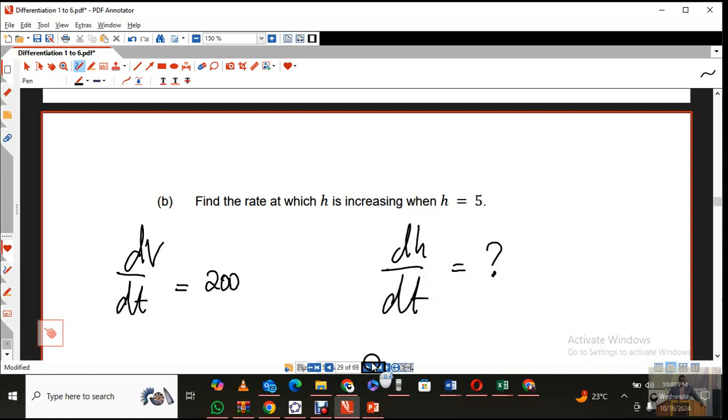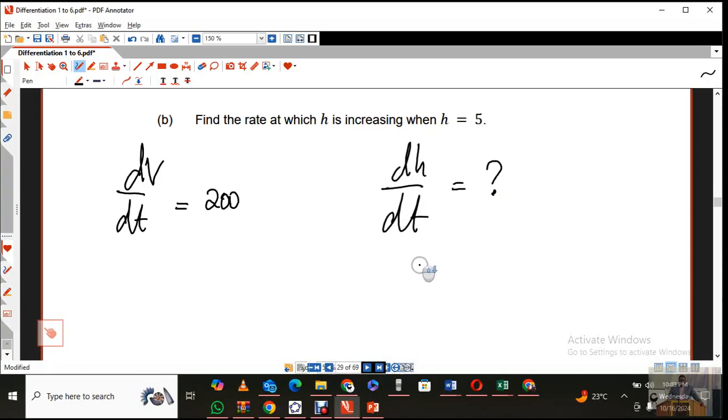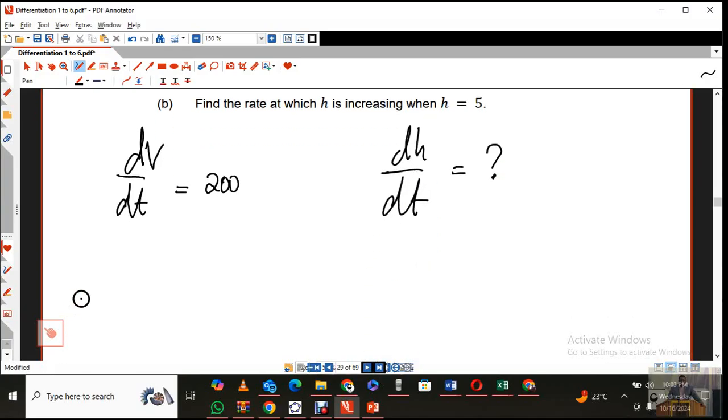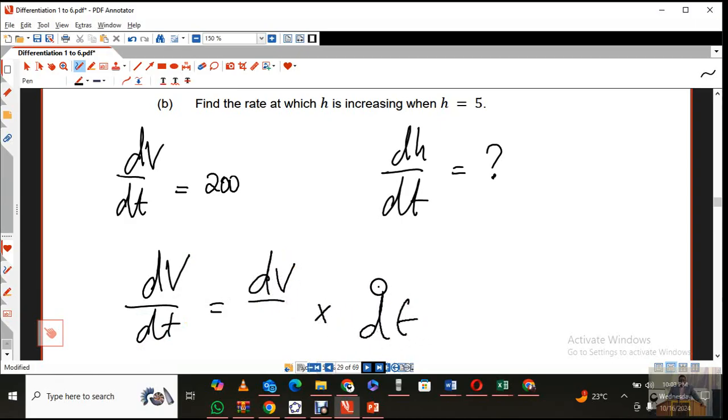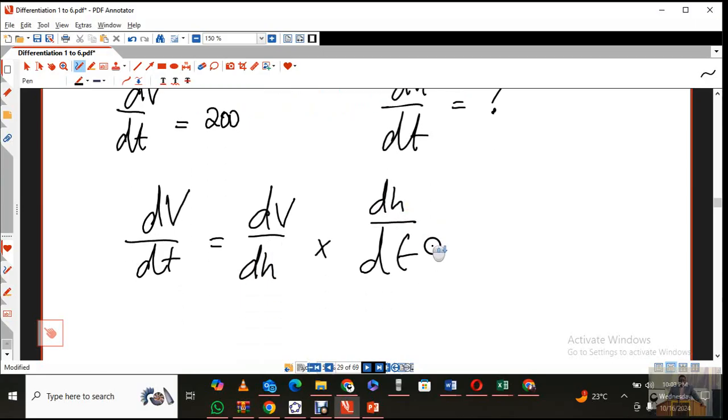We also know, using the chain rule, connecting that, that dV/dt is equal to dV over dh, times dh over dt. What do we know? We know dV/dt is 200.